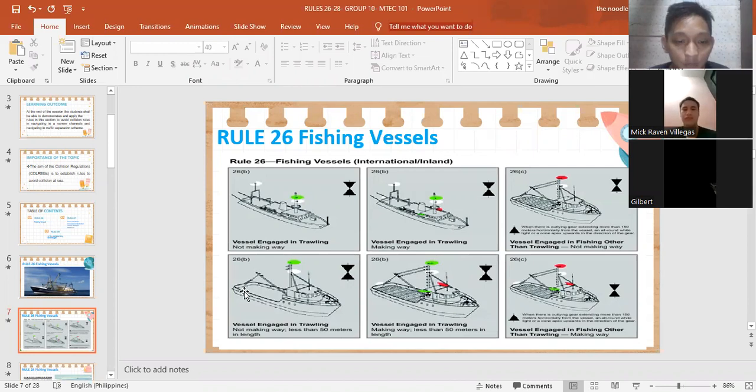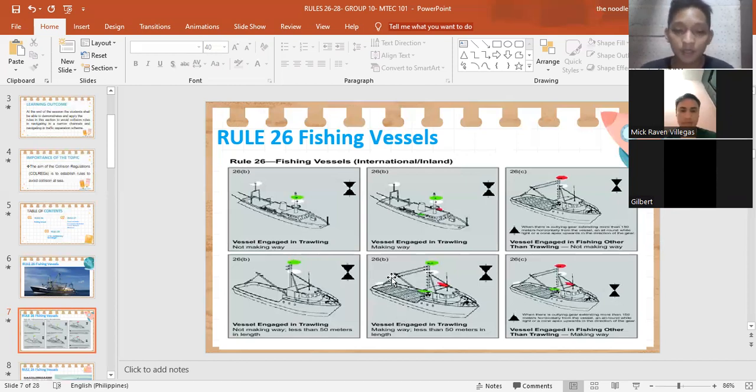The next one is 26B, a vessel engaged in trawling, not making way, but less than 50 meters in length. It is not making way because, as we can see in the picture, there is a green light above and a white light below the green light.